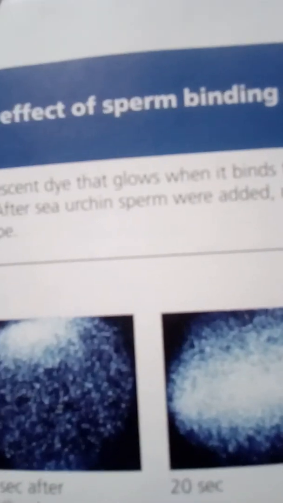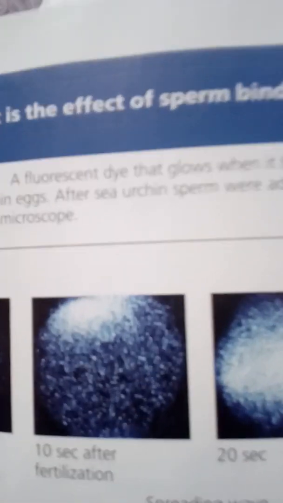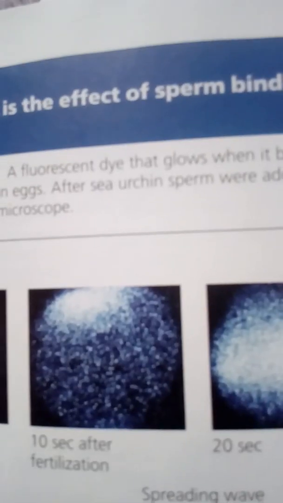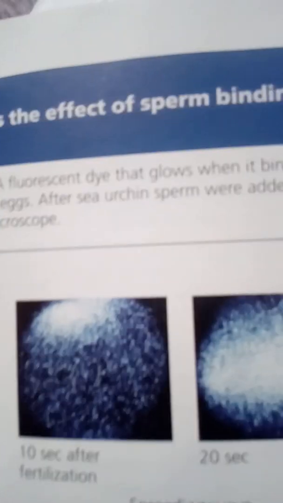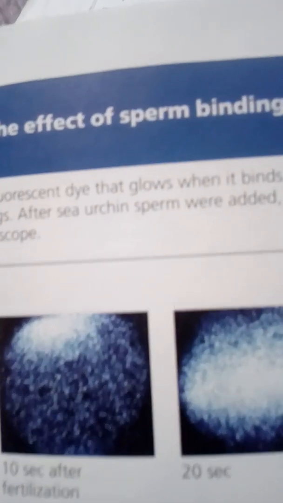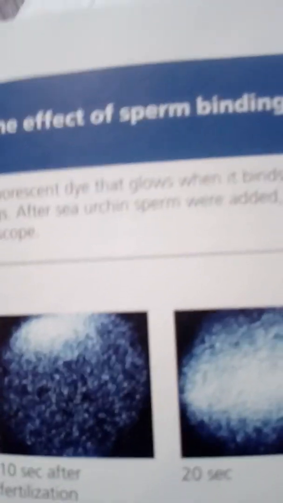Although the binding and fusion of the sperm act as triggers for egg activation, sperm cells do not contribute any material required for activation. Indeed, the unfertilized eggs of many species can be artificially activated by the injection of Ca2+ or by a variety of mildly injurious treatments such as temperature shock.